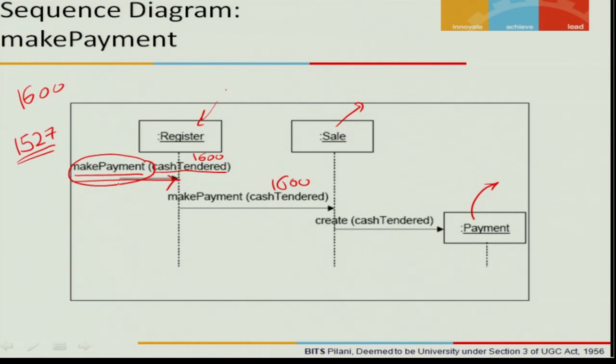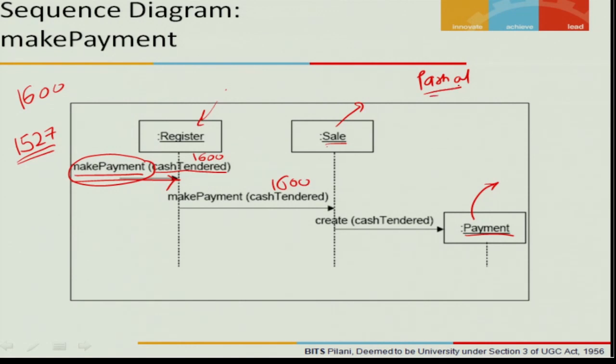Invoking the make payment of the sale object, that is the code. Now, the make payment of sale, what is the code inside the make payment function of sale? Creation of the payment object is the code inside the make payment function of sale. Remember this.